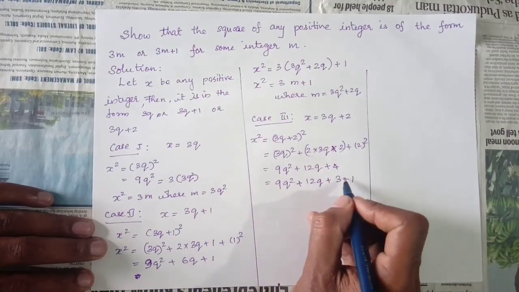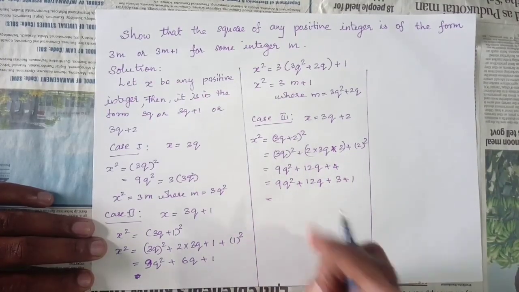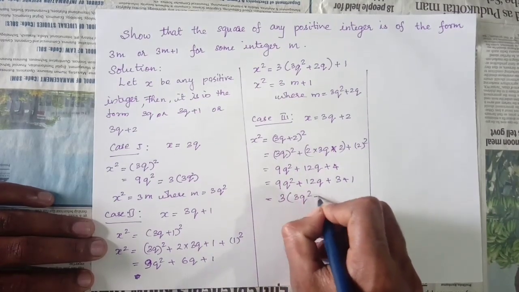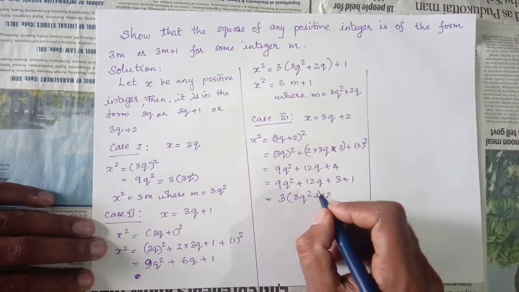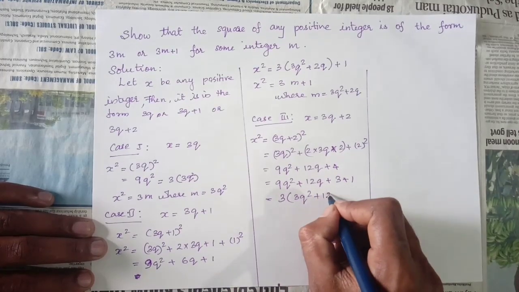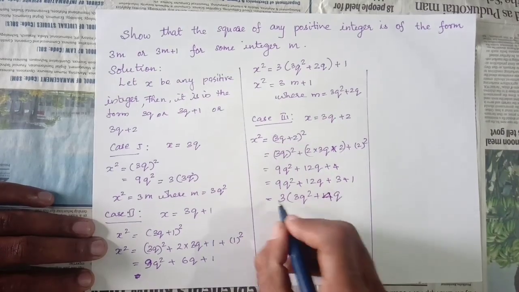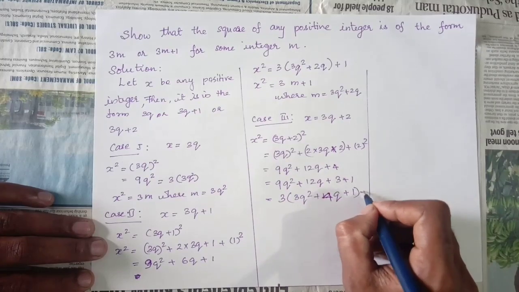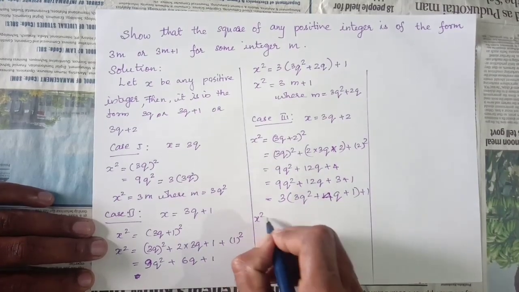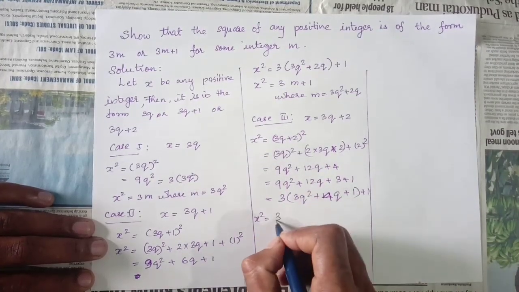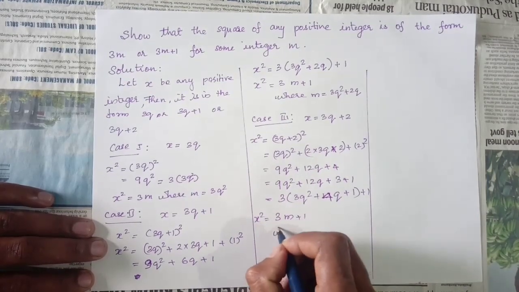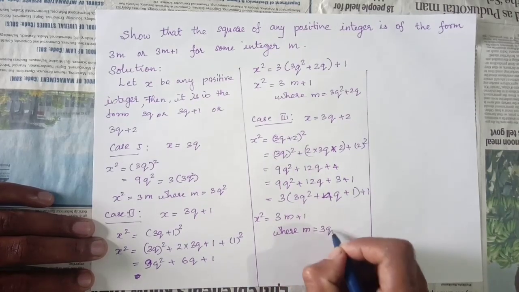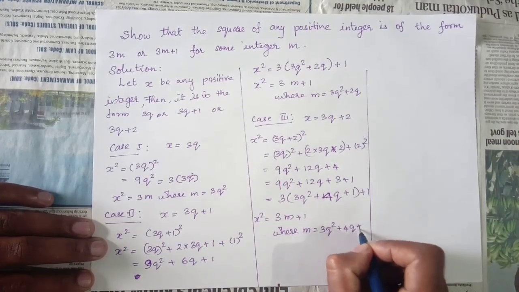From these three terms we take 3 outside: 3q square plus 4q, since 4 threes are 12, plus 1 from the 3. So x square is equal to 3m plus 1, where m is equal to 3q square plus 4q plus 1.